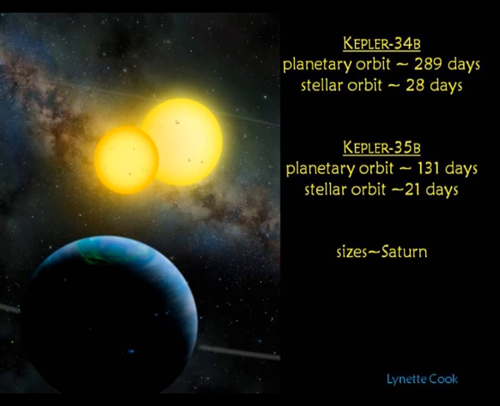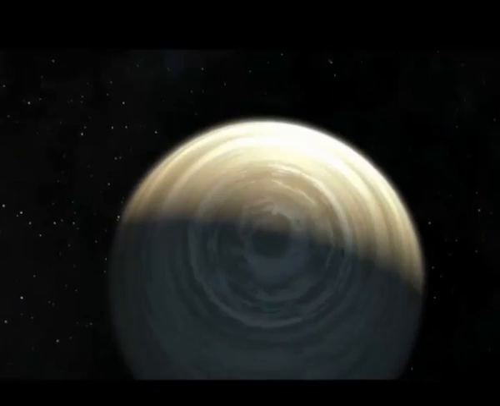Here are just a couple of examples from Kepler, where you have planets that orbit around the star, 289 days, 131 days, but then you have 2 stars at the centre in orbit around each other in a matter of just 2 or 3, 4 weeks. There's another system here, Kepler 16b.